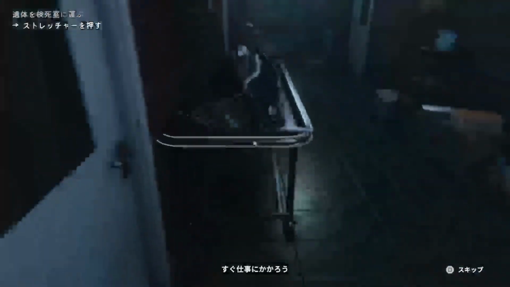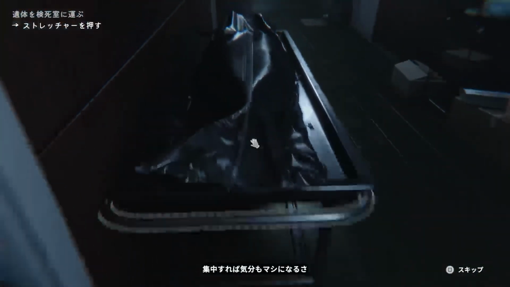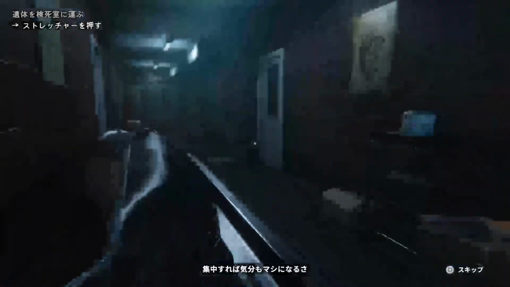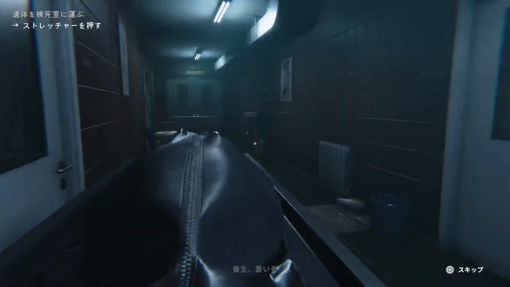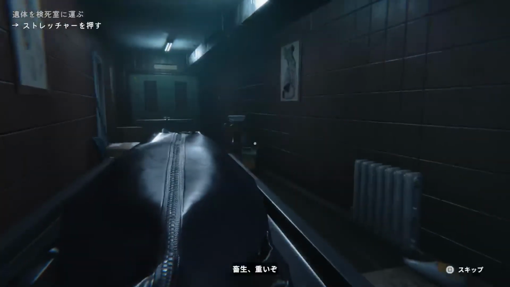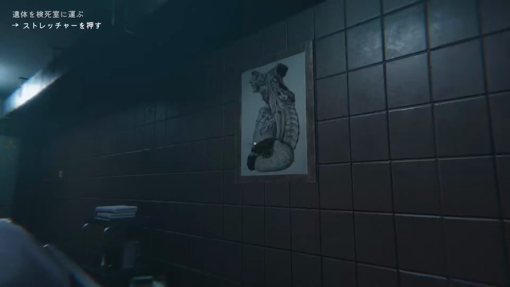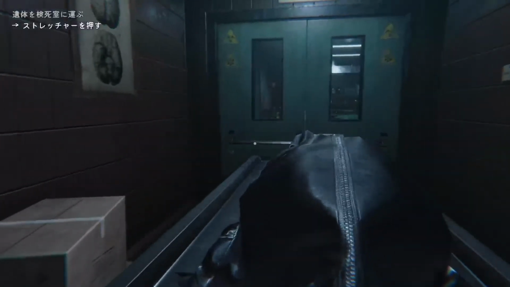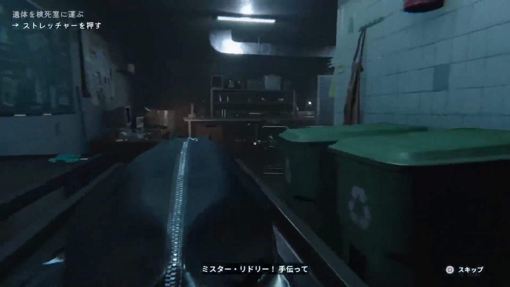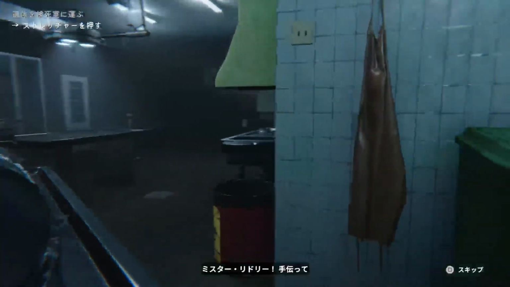I think I'll get straight to work on this one. Focusing on something will do me some good. Christ, this one's heavy. Hey, Mr. Ridley, I need help.